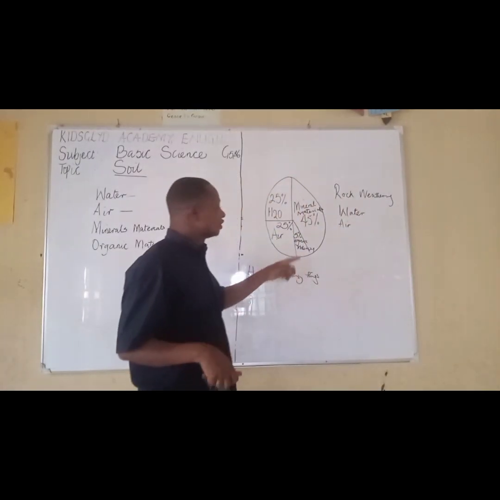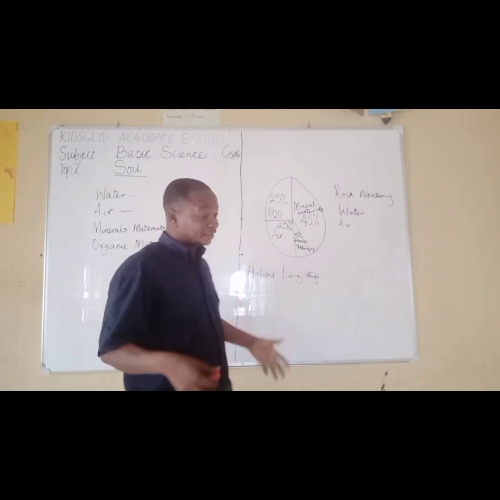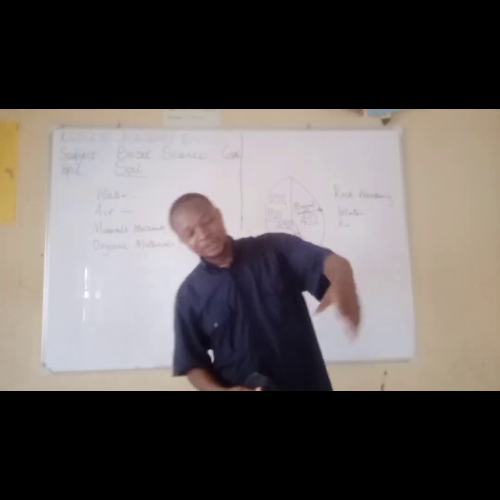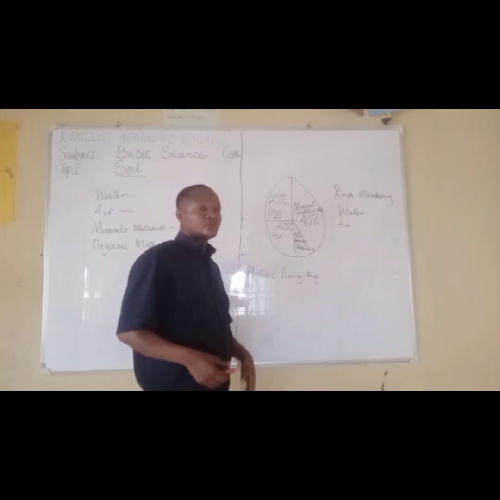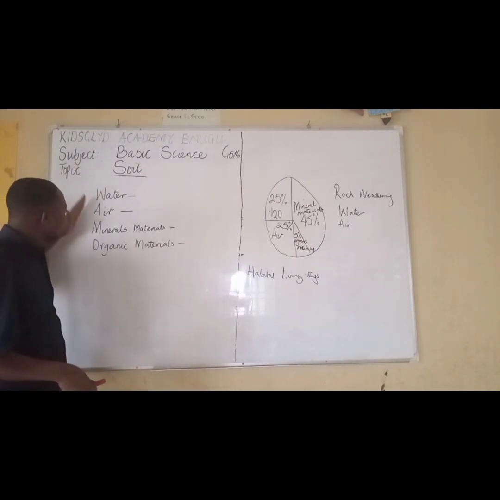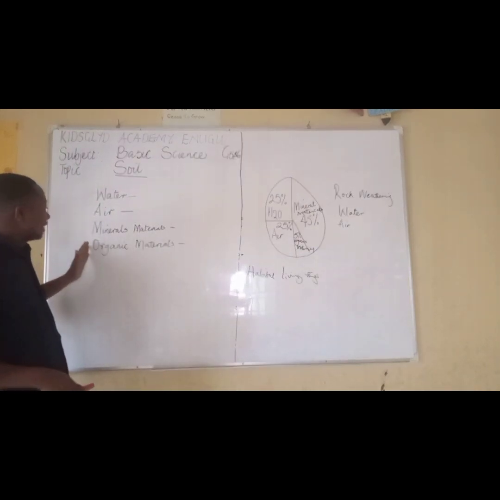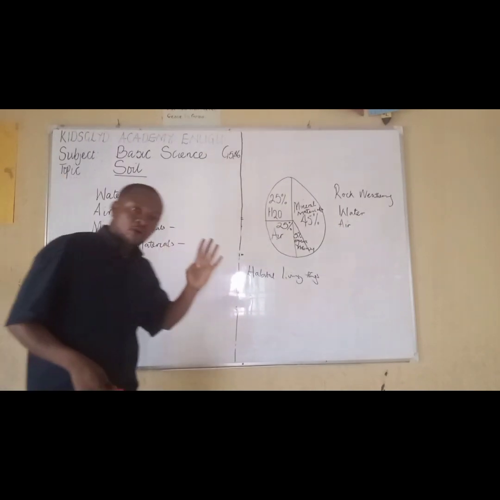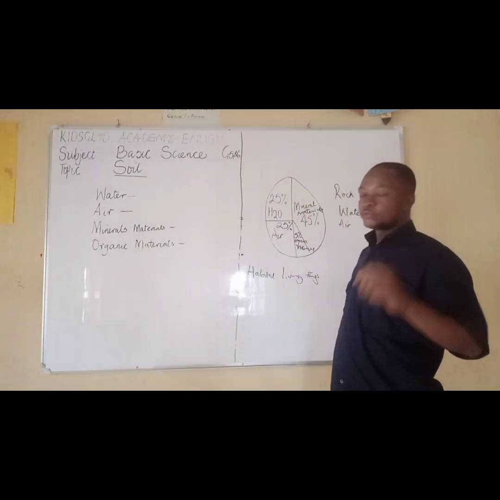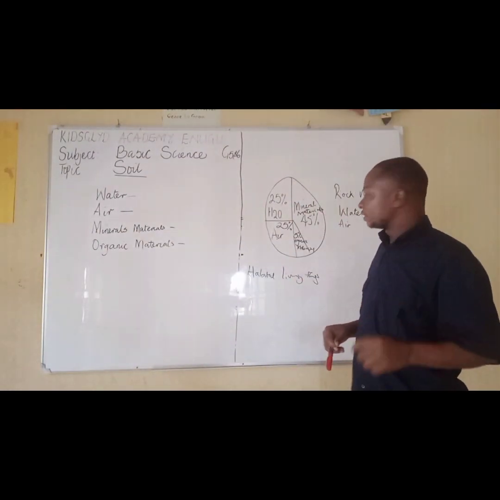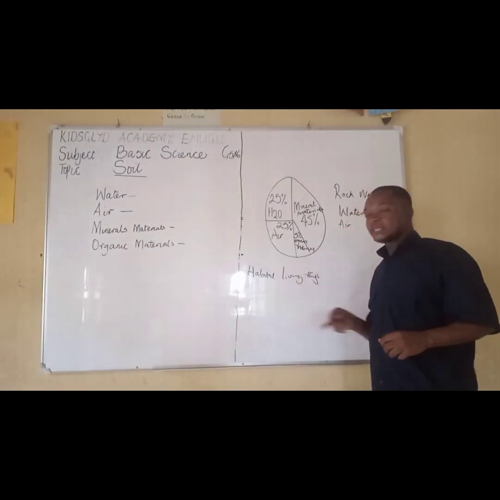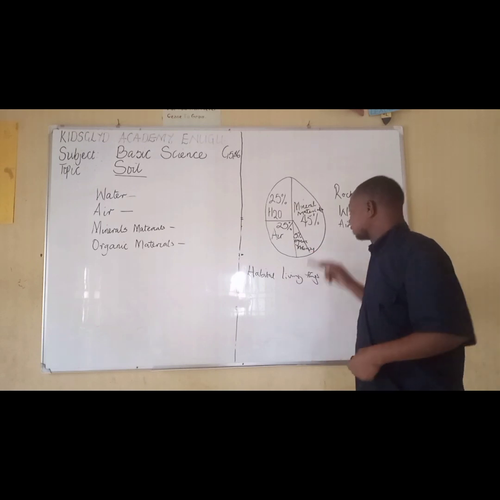That's exactly how the organisms, those animals, will say, since people are disturbing me here, let me go to that place and build my house. That is how we know that majorly we have water, air, mineral materials, and organic material, the basic four components of the soil. Each has a different percentage. Water carries 25%, air takes 25%, mineral materials take 25%, while organic material, the remains of living organisms, takes 5%.